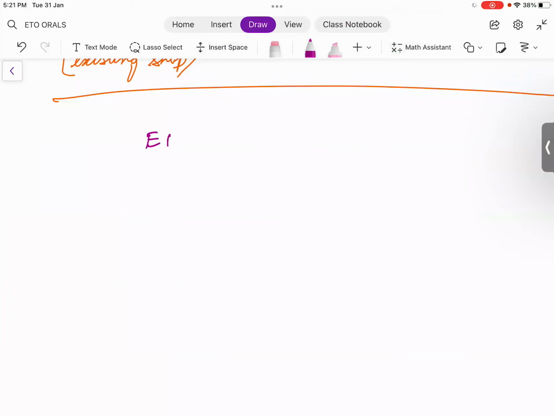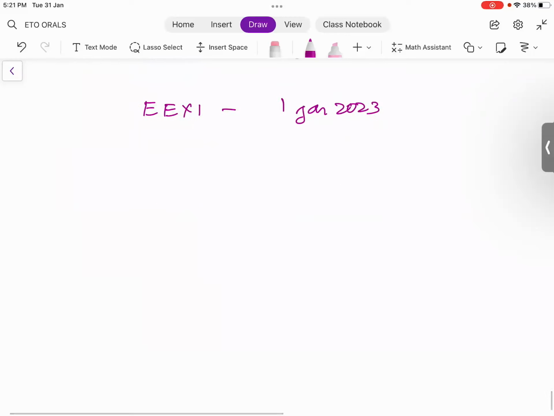First EEDI, July of 2013. EEDI came on 1st January 2013, right? And EEXI is coming into force when? It is coming into force this month only, that is 1st January 2023, right?